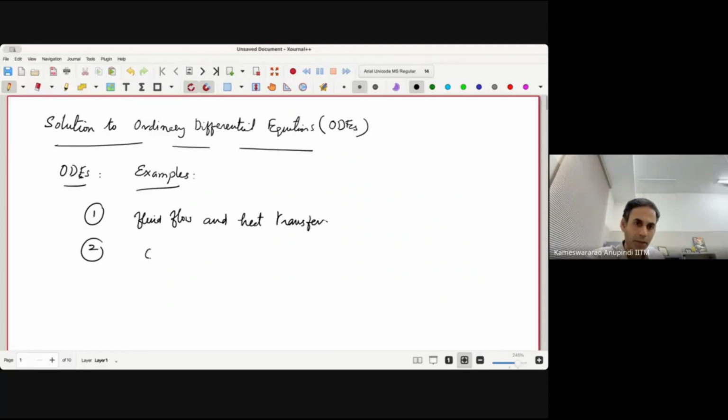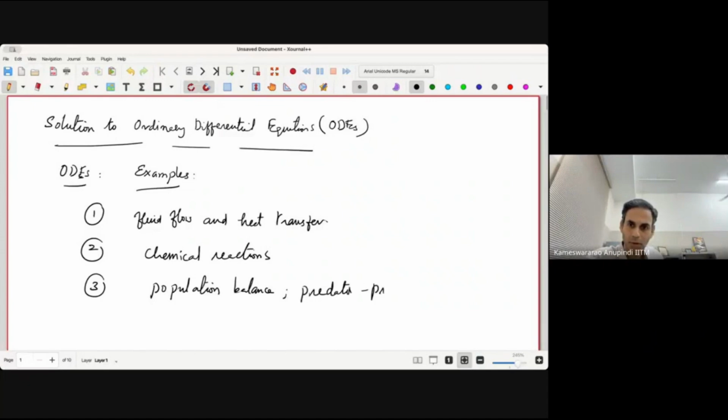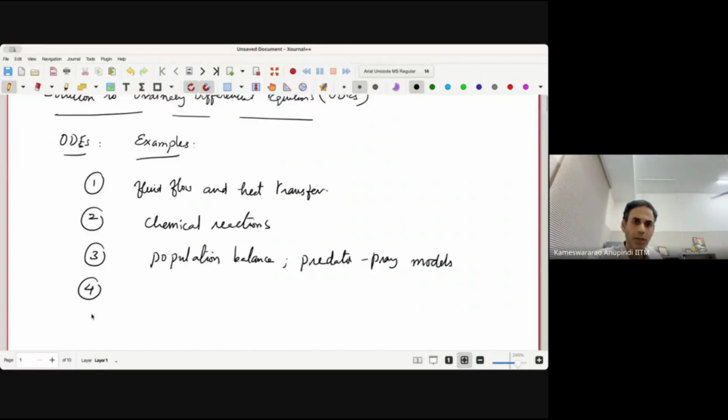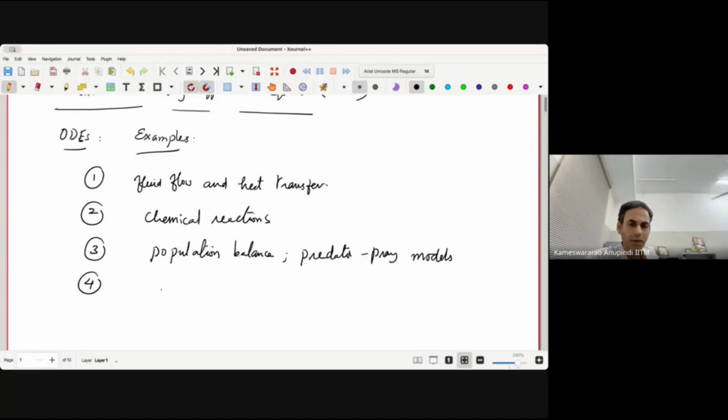And in solving chemical reactions, we see ordinary differential equations. And let us say in solving population balance or predator-prey models, etc. We also see ordinary differential equations in several other areas.